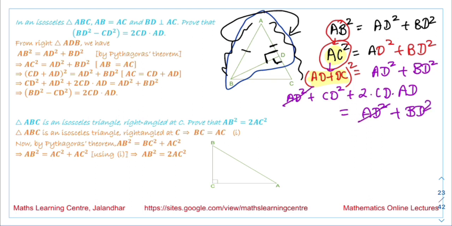This AD square gets cancelled, and the result we are left with is that BD square minus CD square is equal to 2 times CD into AD. We are talking about this result over here, and this is what we have to prove.